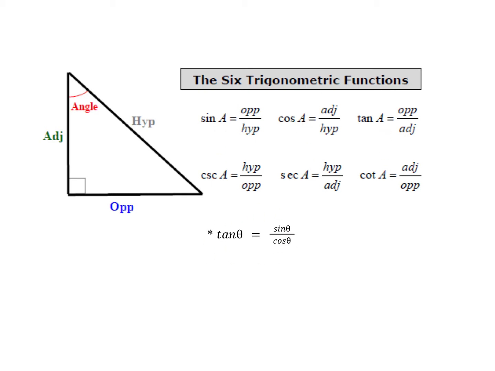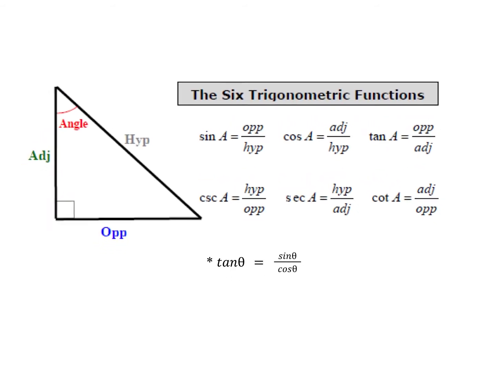And then another thing that might be useful for us today, which I will refer back to, another ratio that we could create for tangent is actually sine of theta over cosine of theta. So if you think about it, the sine of theta is opposite over hypotenuse. That's the sine ratio. The cosine ratio is adjacent over hypotenuse.